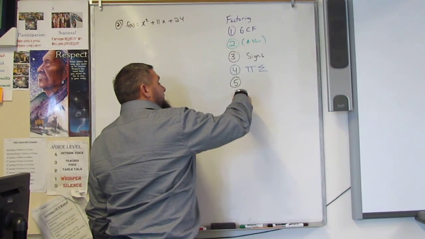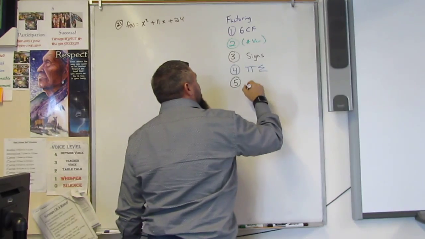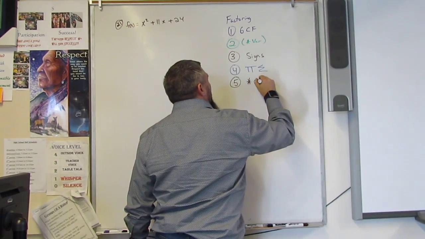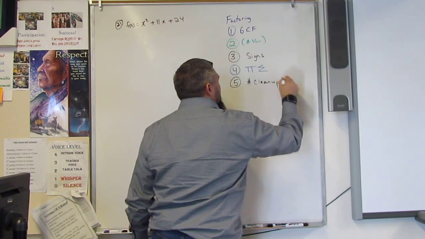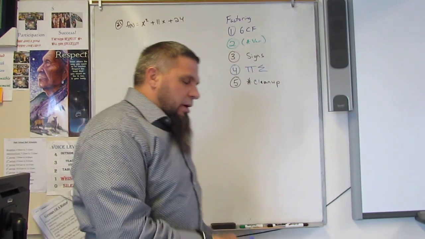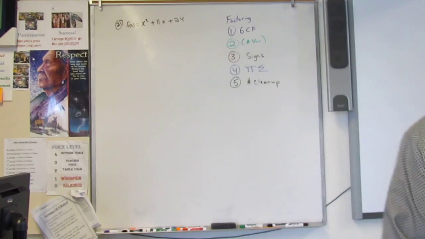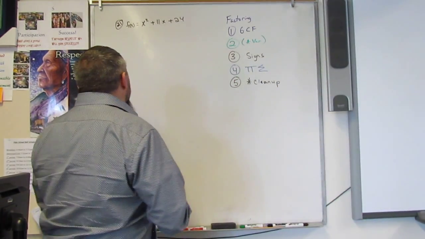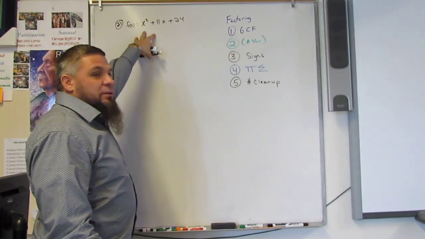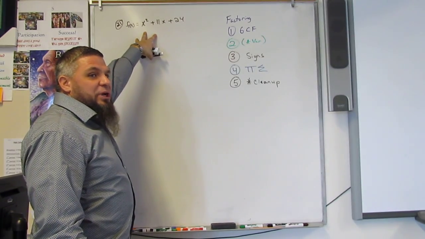So now we've got number 5, which is star cleanup. Okay? Alright. I try to make this real simple. First of all, we start with the quadratic.